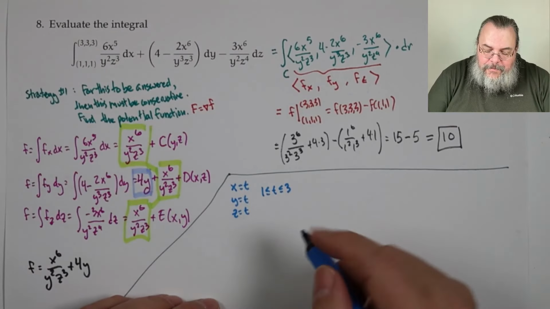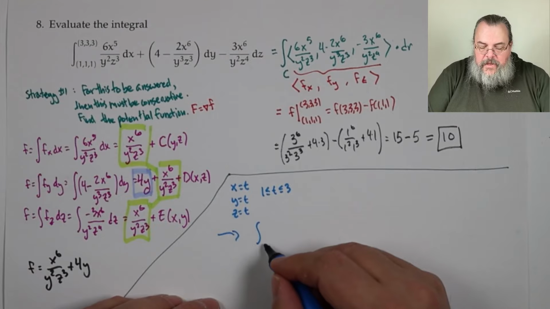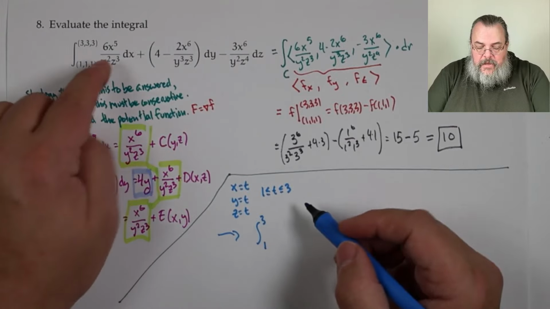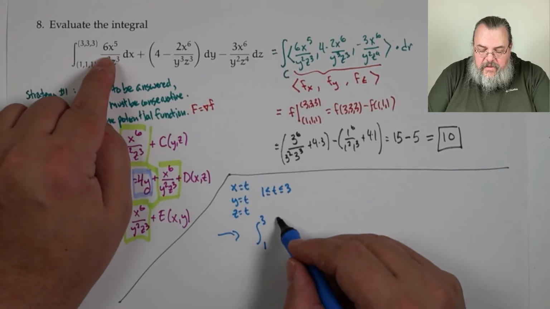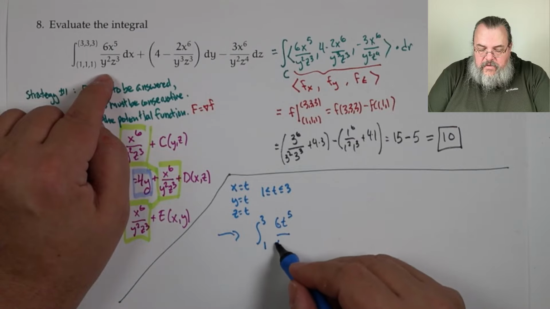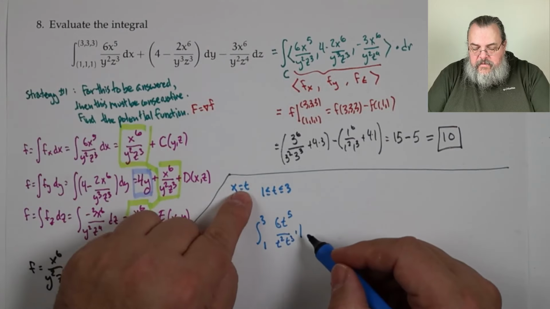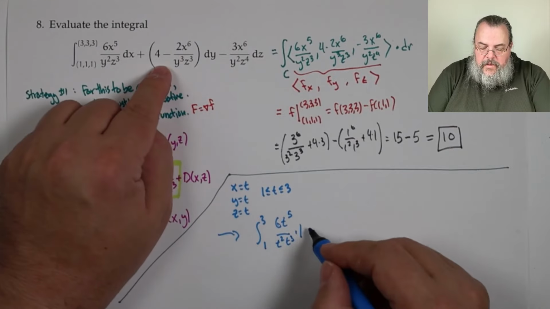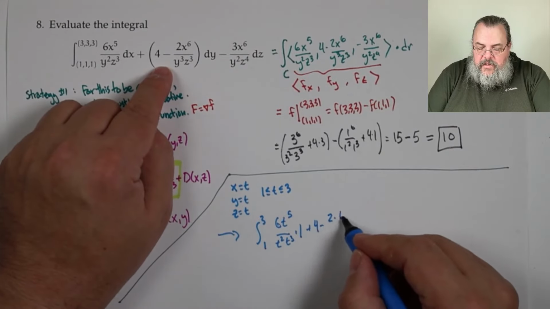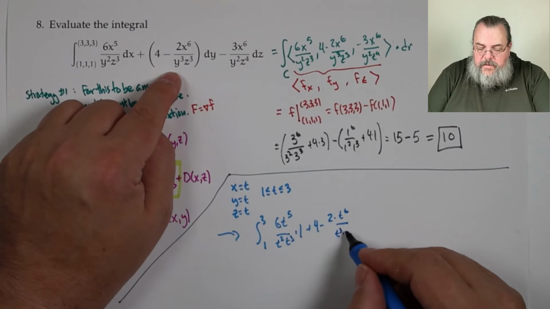So if we choose this, then our integral becomes what? 1 to 3. All right, we're putting everything in terms of t. We get 6 t to the 5th over t squared t cubed times 1. Right, that's the derivative of x is 1, plus (4 minus 2 times t to the 6 over t cubed times t cubed).